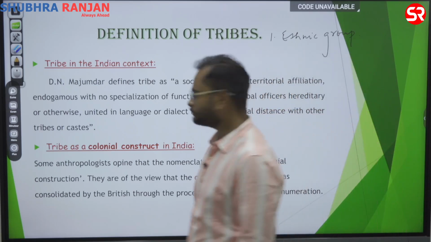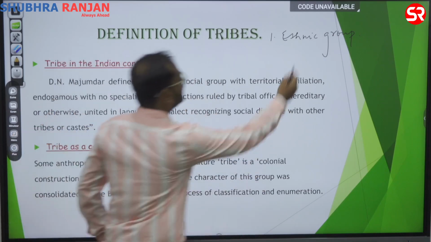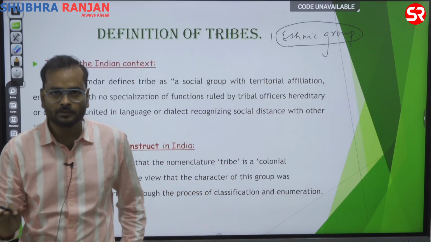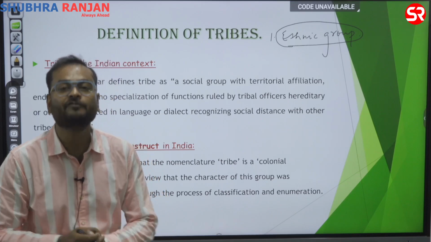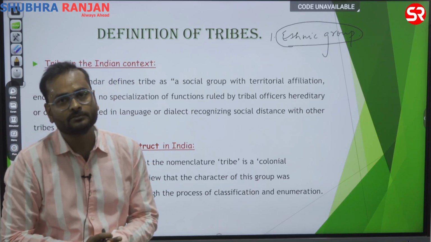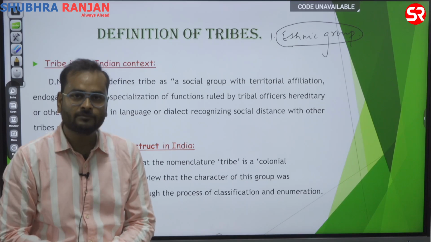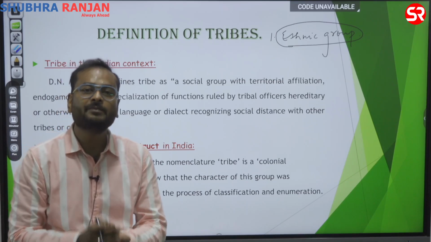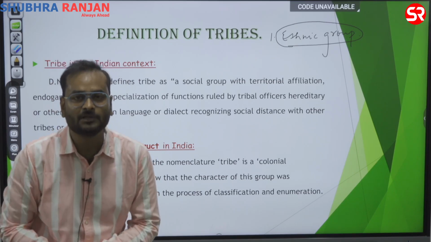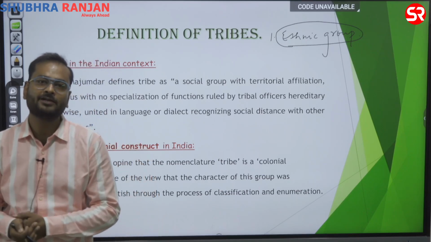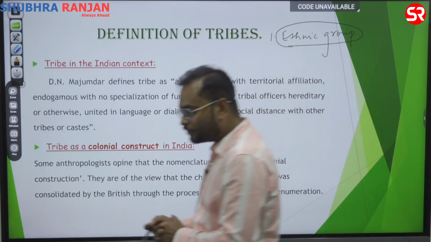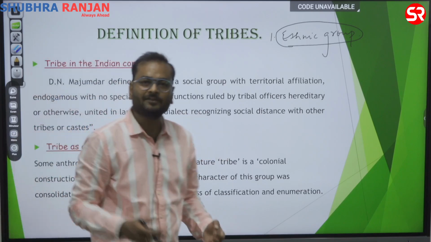The term ethnic group pertains to a group which is united in any of the cultural perspectives. It may be a religion, it may be a cultural belief, it can be a language. Let us take the example of Bangladesh. They are united on the basis of language, because many religious communities live together, but it forms an ethnic group on the basis of language, the Bangla language, isn't it?